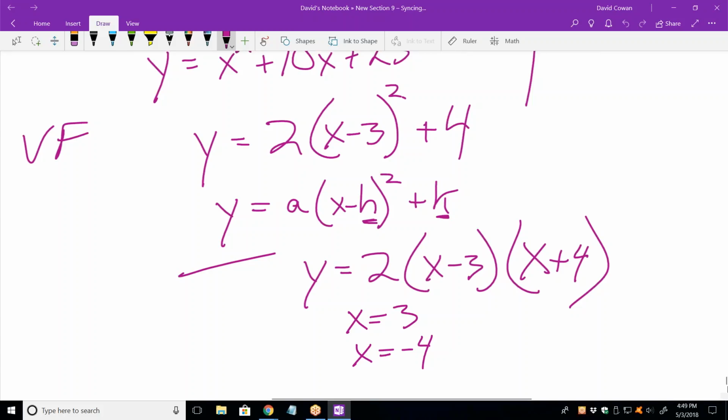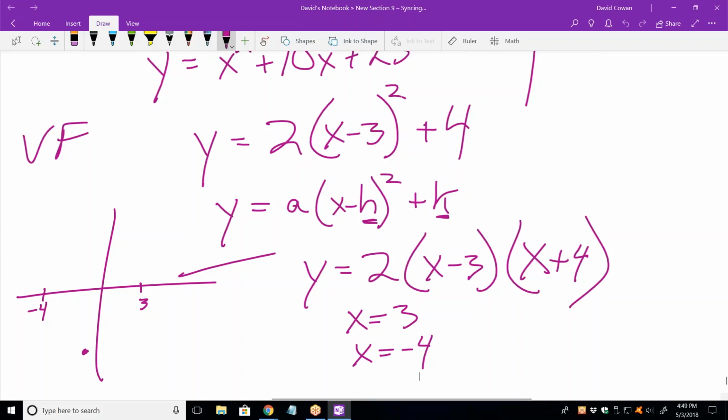Which means you're looking at a parabola whose x-intercepts are at 3 and minus 4, which means the vertex is somewhere right there at minus 1/2. If I add those two numbers together and divide by 2, I get minus 1/2.